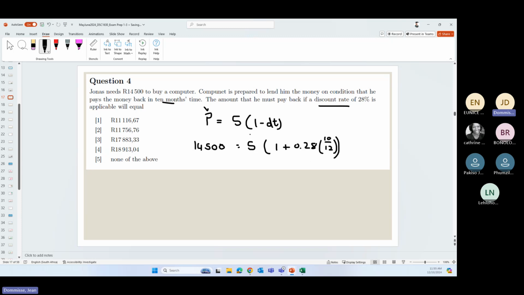That is what we will need to work out. So let's quickly see: 0.28 times 10 divided by 12 will give us 1 plus 0.2, and I'm just rounding it off to three or four decimals.